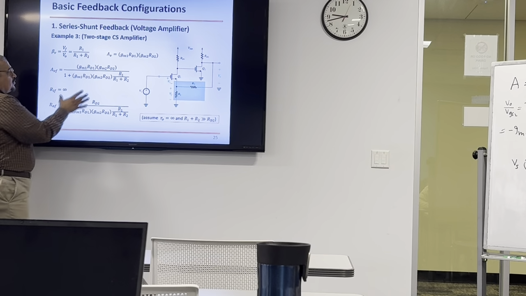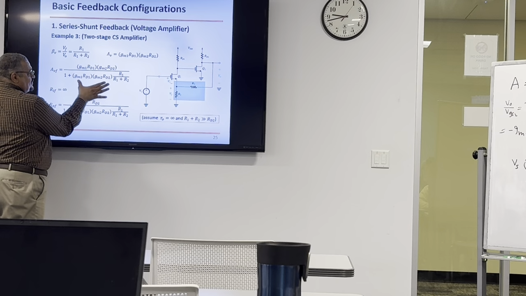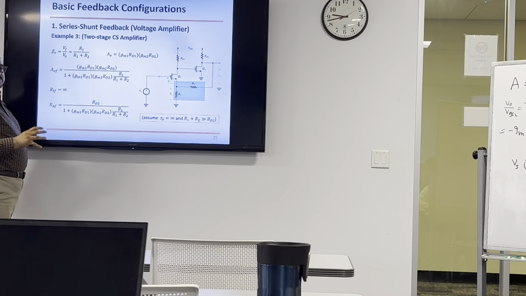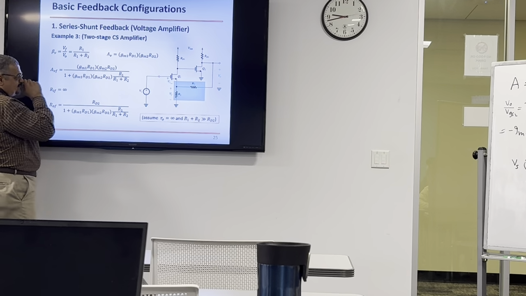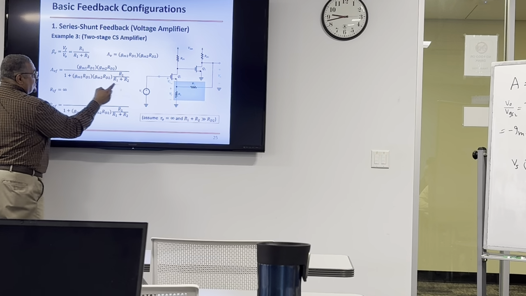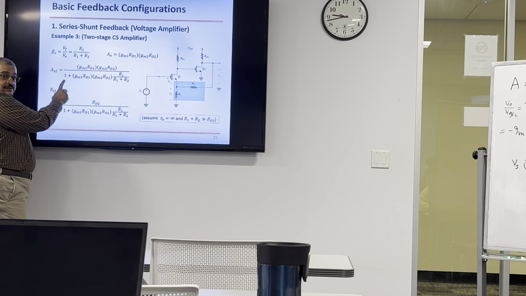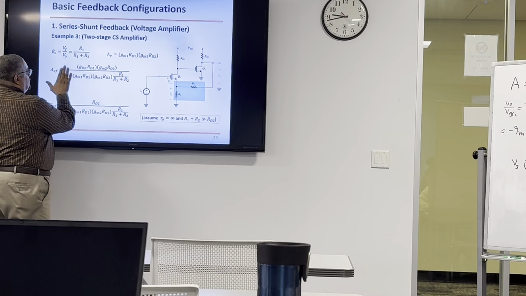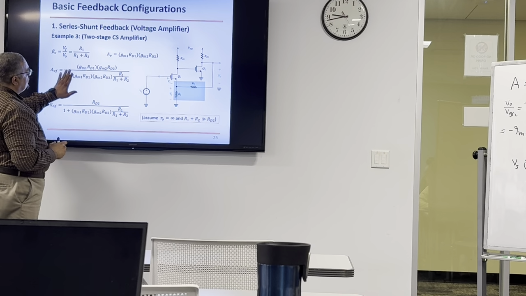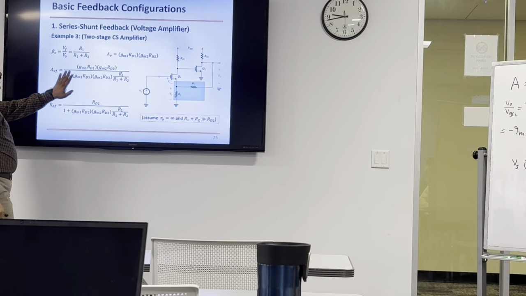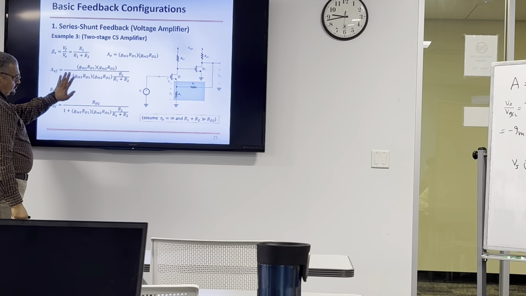If this is very large, then this part is multiplied by a fraction that's not very small. Somehow it's not that small. So this number is still very large compared to 1. So you can remove this 1 compared to this thing, and then cancel this with this, and it gives you 1 over R1 divided by R1 plus R2.